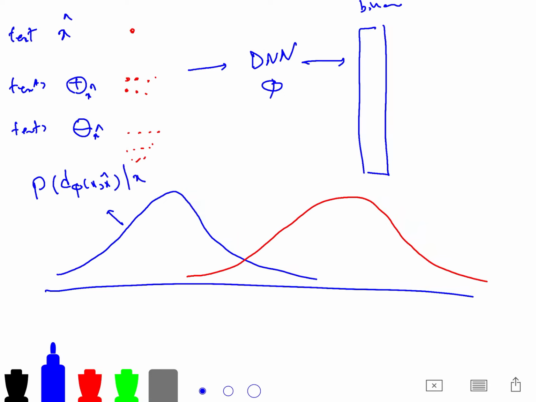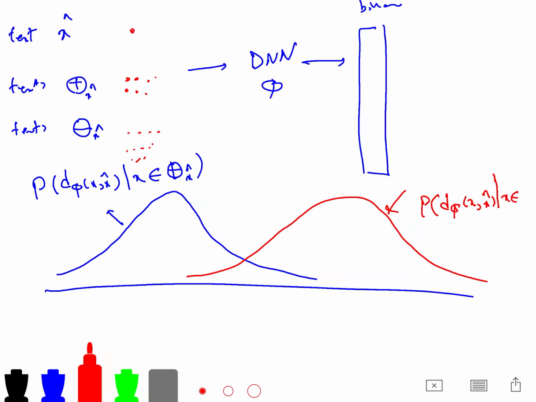It is conditioned on x in the plus neighborhood of x hat. And what is the other distribution? It is the distribution of x and x hat, but this time it is conditioned on x being a negative label, negative with the anchor point x hat.